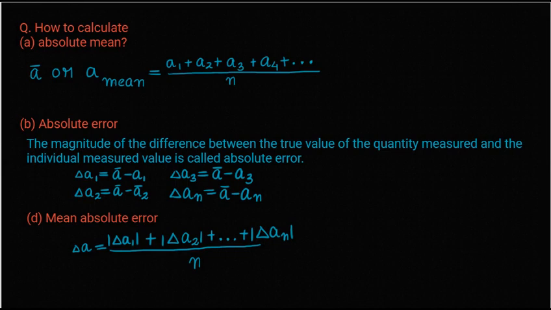Fine. Now after you calculate the absolute errors, we will find the mean of all the absolute errors. That means we will add all these absolute error values and divide by the number of absolute values. How many absolute values are there? Fine. This is known as your mean absolute error.